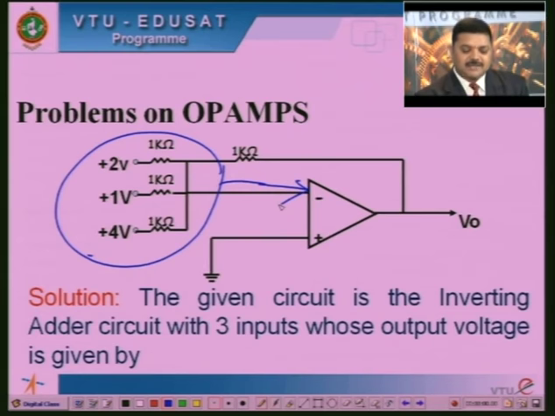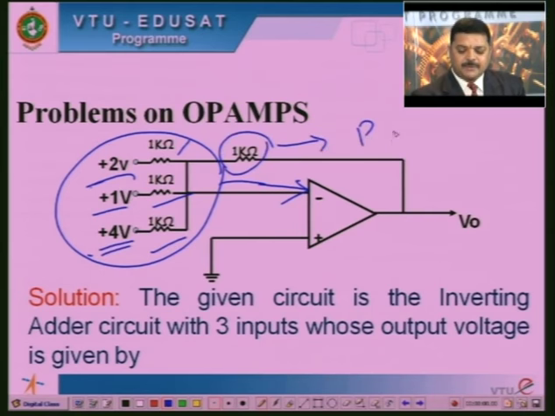Here, three signals are applied. One is plus 2 volts through the resistor R1, plus 1 volt is applied through the resistor 1 kilo ohm, and plus 4 volts is applied through the resistor 1 kilo ohm, and the feedback resistor which is considered here is Rf equal to 1K.